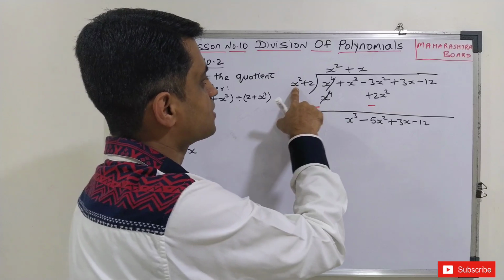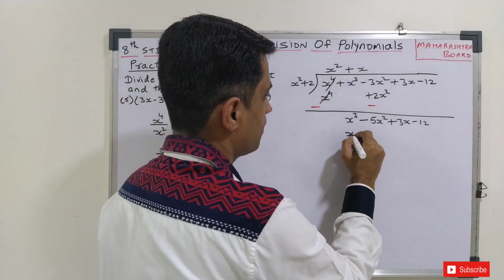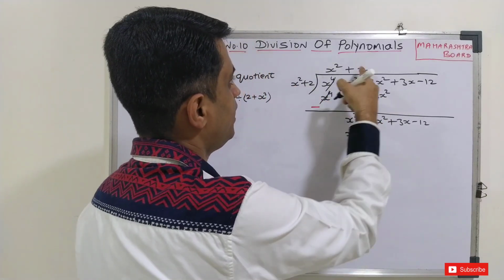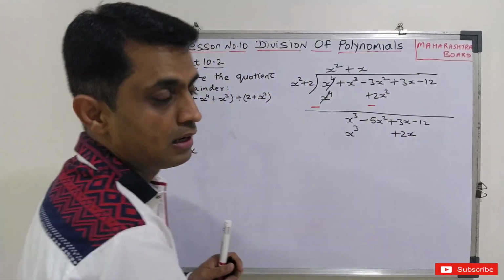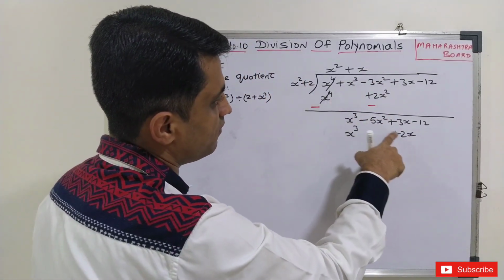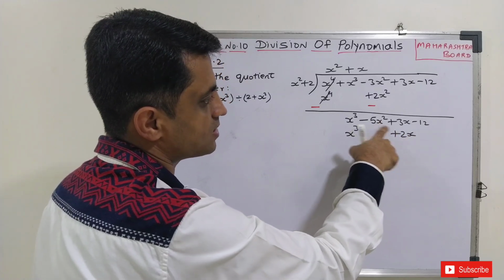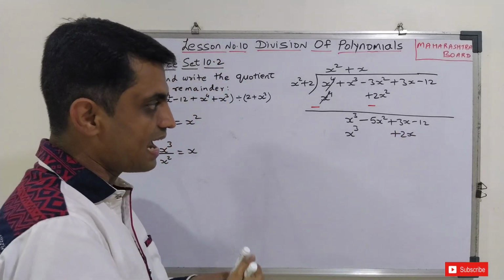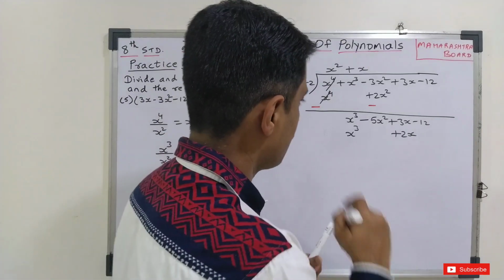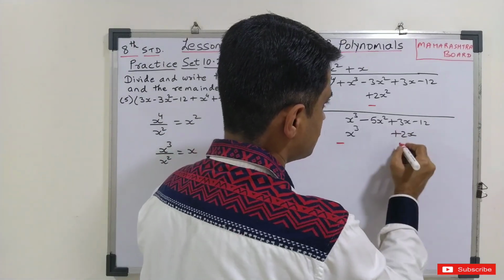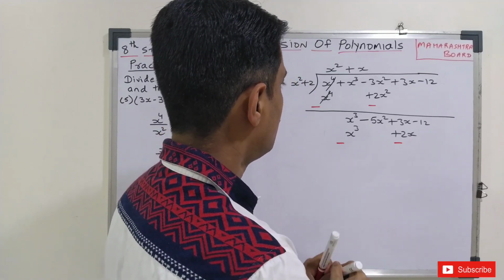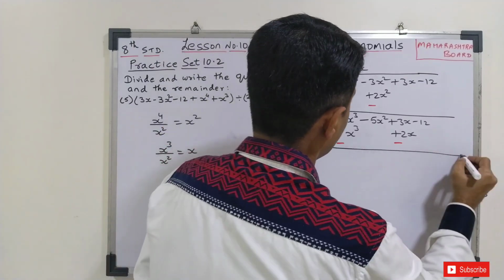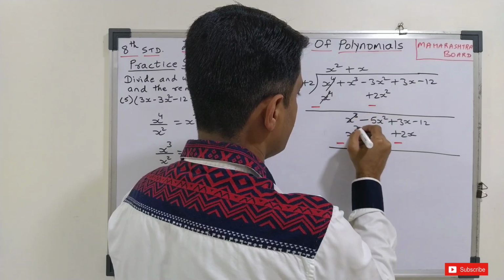Now multiply x square into x: x cube. 2 into x: 2x. See again, like terms. We are leaving this because if you write here, this is not a like term. This is x square and this is x. So write like terms below like terms. This will give you minus, minus. Now this will get cancelled, plus minus.